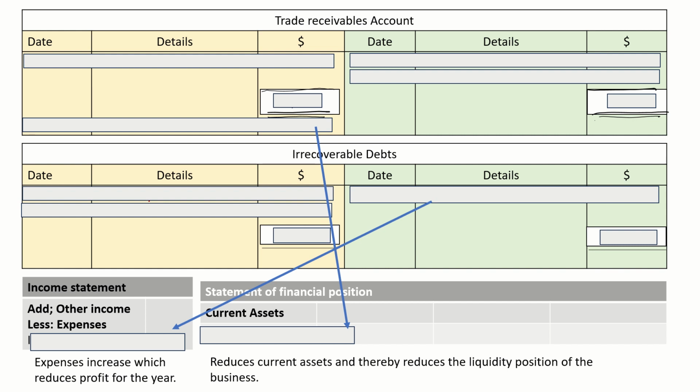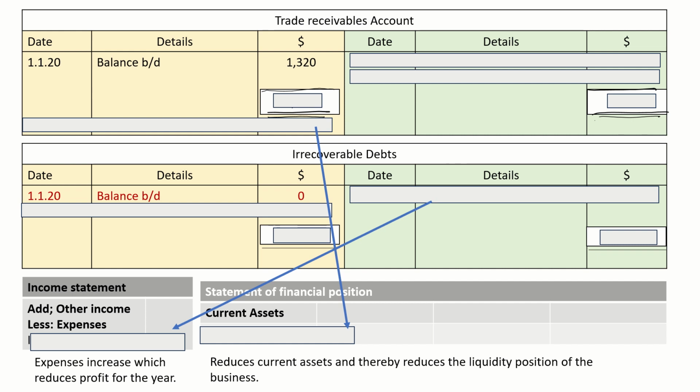Now let's see how to first record the entries in trade receivable account and irrecoverable debt account. You start with posting the opening entries. So 1st of Jan 2020, balance b/d 1320 on the debit side. Irrecoverable debt, there isn't any opening balance, so you mark it 0 or you can ignore.